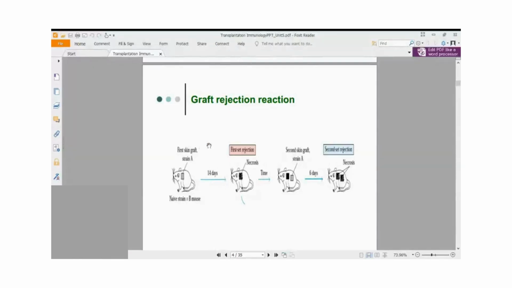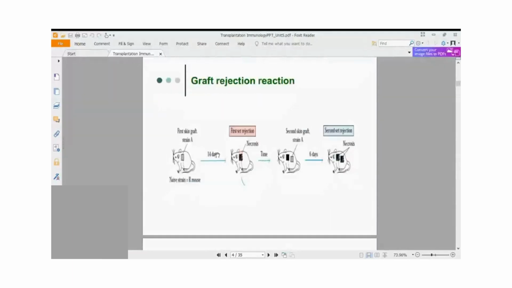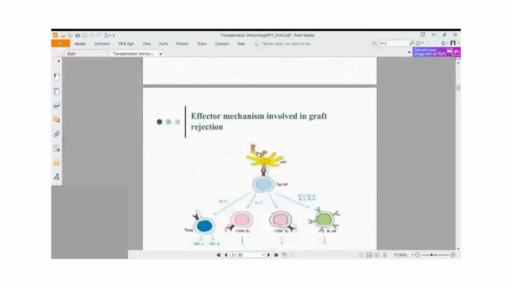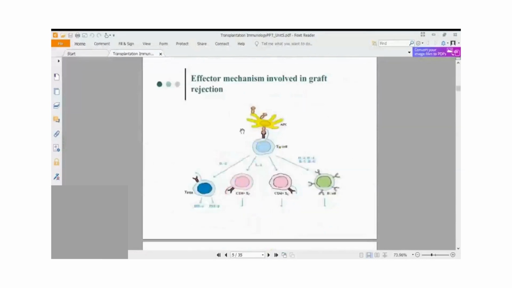After the sensitization phase, the immune response starts, and that immune response involves both cell mediated and humoral immune response. That is called the effector mechanism. In two different manners, the immune response responds to the graft.